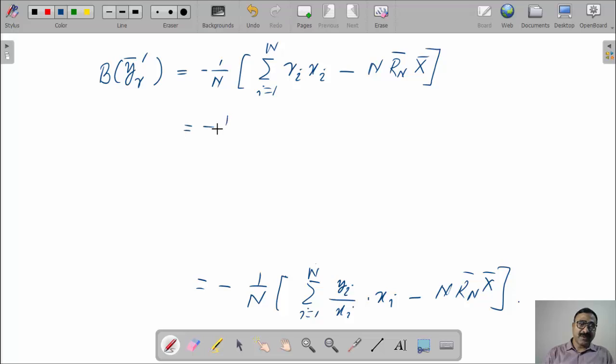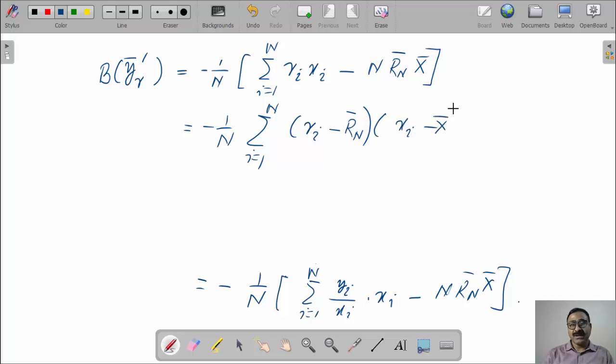So this is equal to minus 1 by n summation i equal to 1 to n, this will be ri minus Rn bar into xi minus x bar. This is just like the covariance formula.